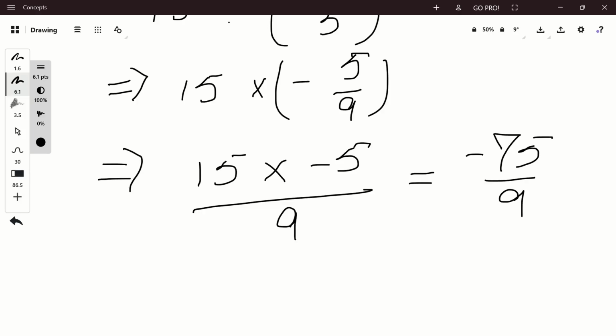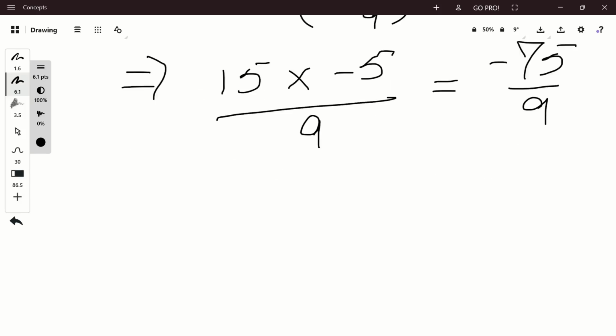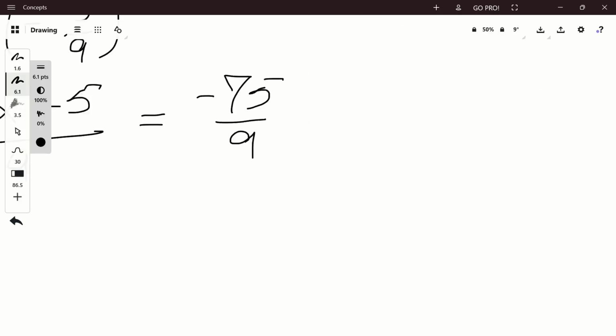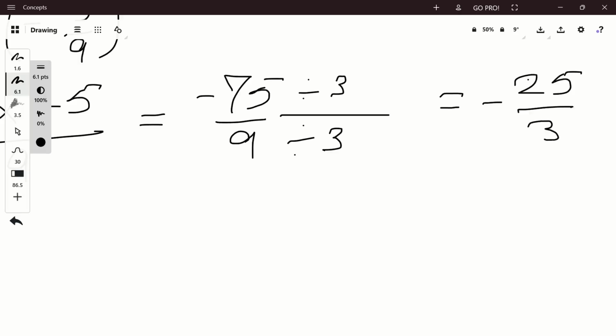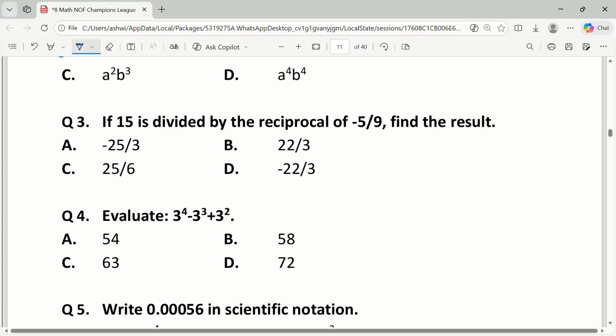Reducing the fraction by dividing the numerator and denominator by the greatest common divisor, that is 3, we get minus 25 upon 3. Comparing with the options, the answer is A, minus 25 by 3.